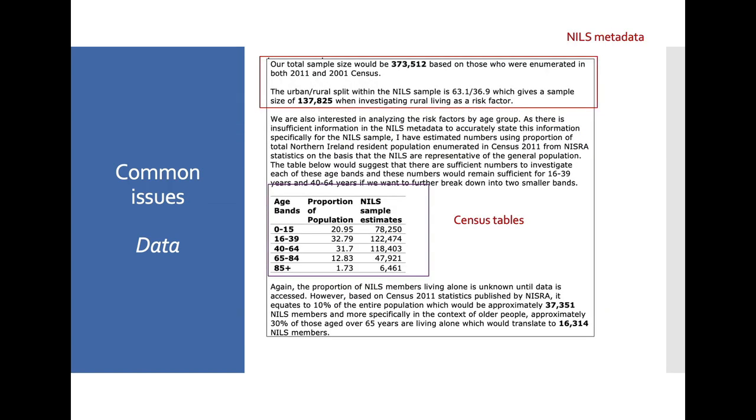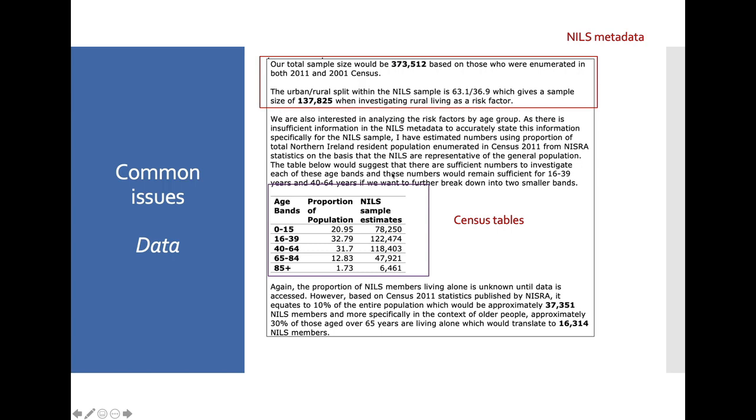In the next box, it asks for an estimated sample size, and this is of course something that the RSU can help with, but you will also get a lot of information from the NILS metadata and from census tables, which I've put in the links box on the video. So for example, the NILS metadata tells me how many people are enumerated in both census, and it also gives the urban-rural split, so I can actually calculate how many roughly live rurally.